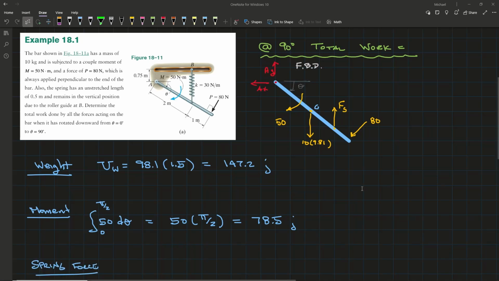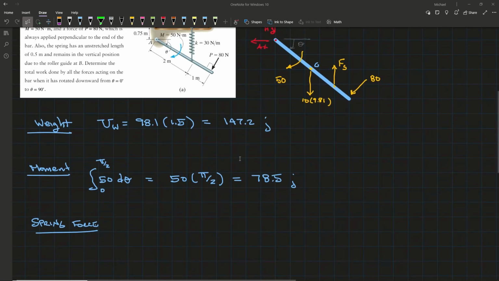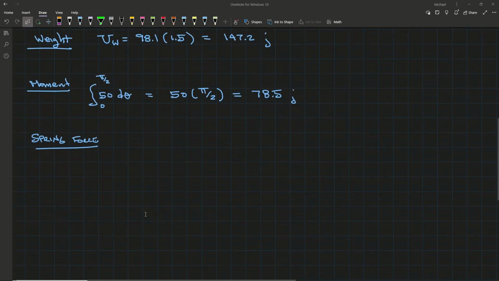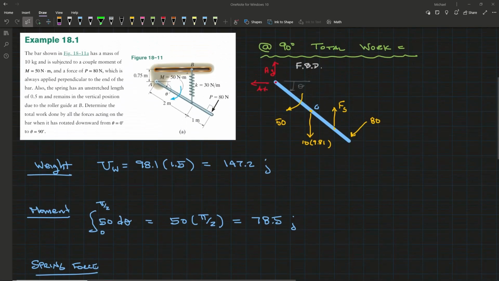So for the spring force, in this problem the spring is unstretched at 0.5, so when it's at 0 degrees the spring is stretched by 0.25, so we're going to have that in addition to the additional length of our spring. And since this slot is able to slide, it will slide directly over this pin when we're at 90 degrees, so it'll just be the length that this spring pulls down there.